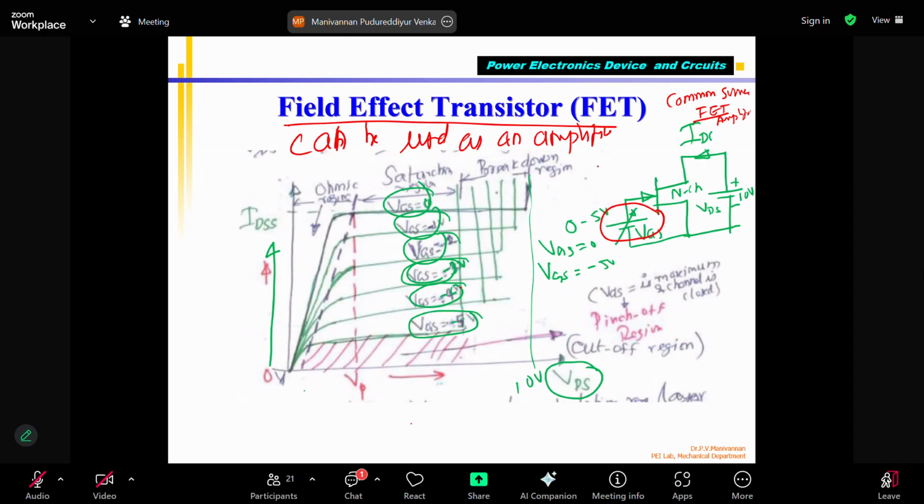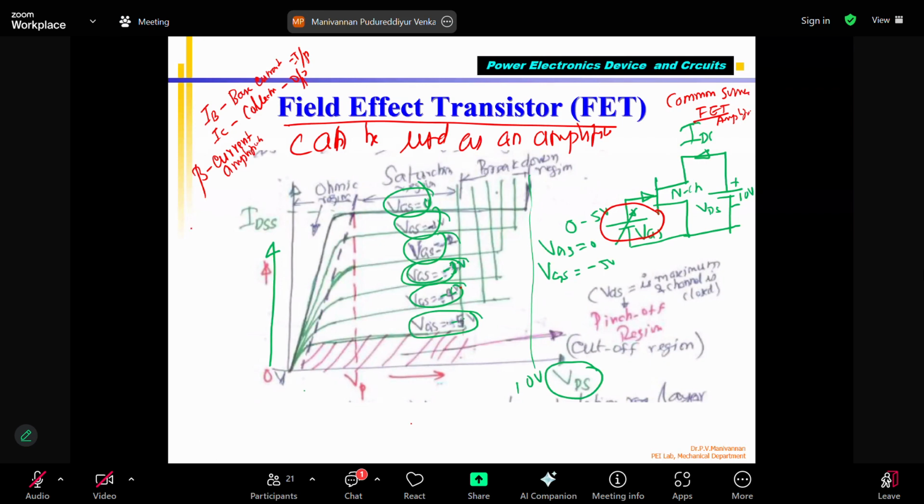In case of a transistor, we are applying base current. This base current is the input, and the output is the collector current. Then beta is called the current amplification factor.